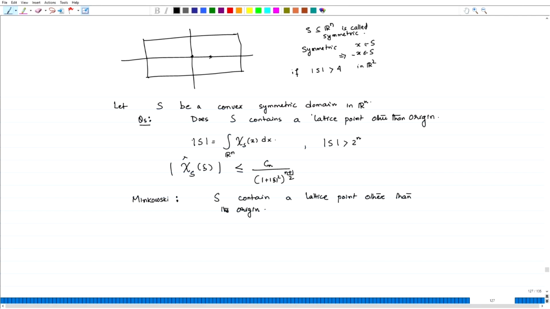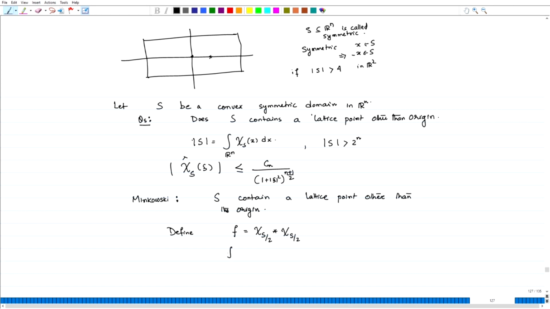Okay. So, what we will do is the following: define f to be equal to the indicator function of S by 2. As you can see, S is a symmetric domain. So, S by 2 is also a symmetric domain.